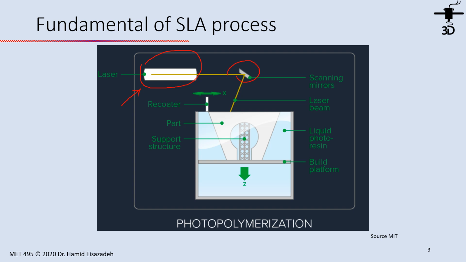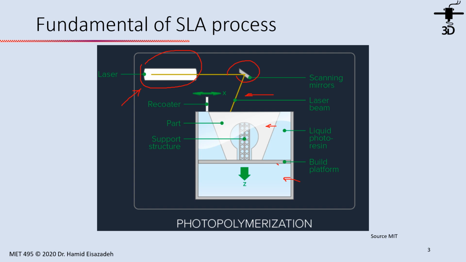This yellow line represents a laser beam, and then we have a vat which has a liquid photoresin. This one is a build platform, and this is the 3D printed part, and we may have support structures. Remember, this process also requires support structures for some parts.